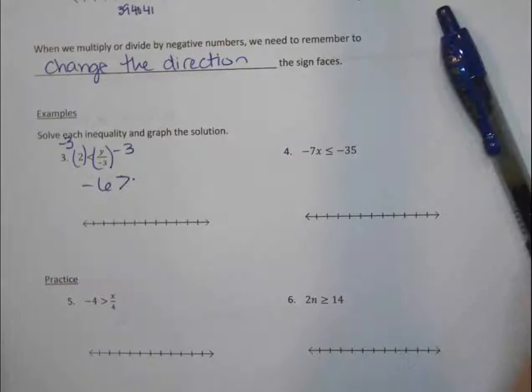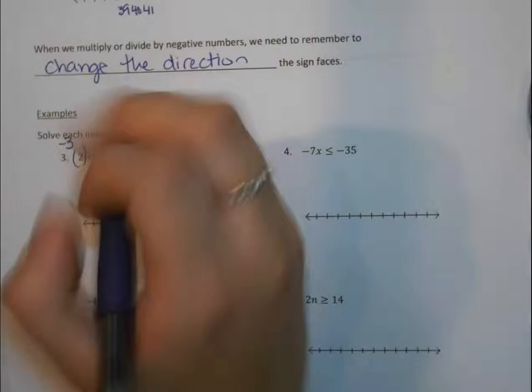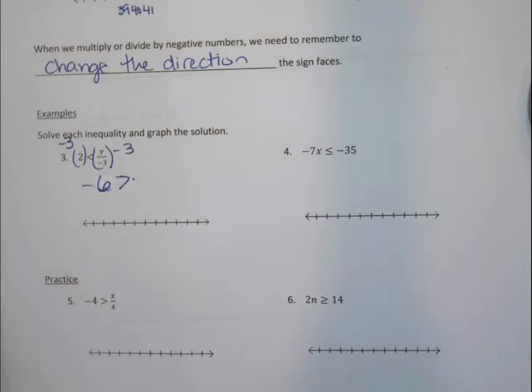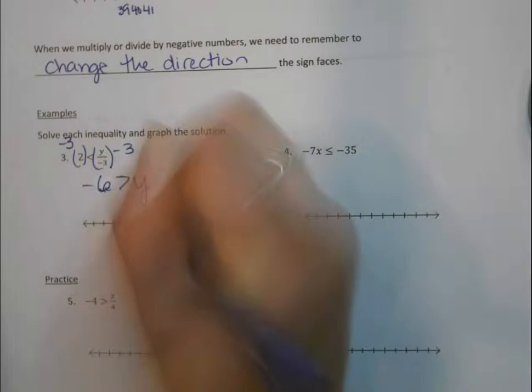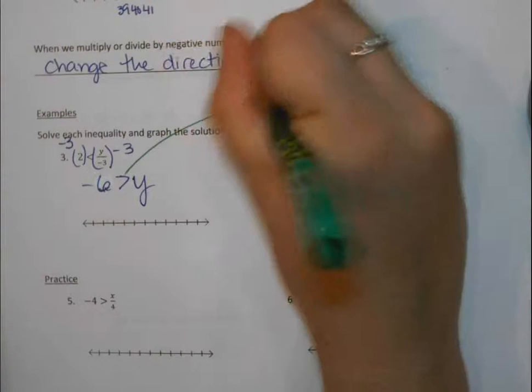Why did I multiply by, wow. That was right. What am I thinking? I get negative 6 is greater than y. And the sign changed directions because I multiplied by a negative.